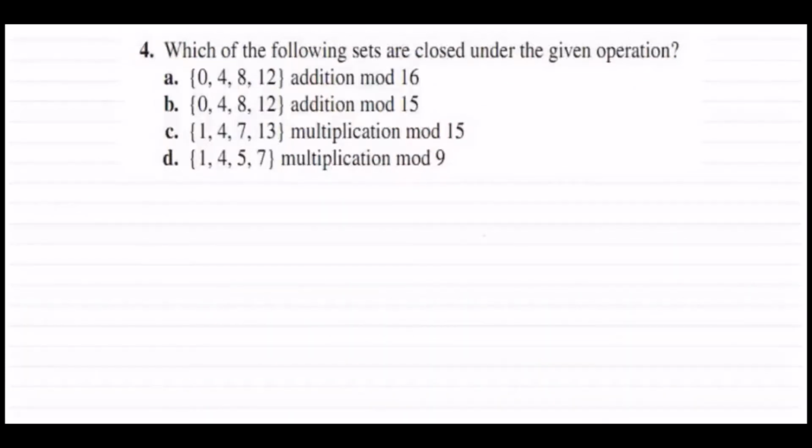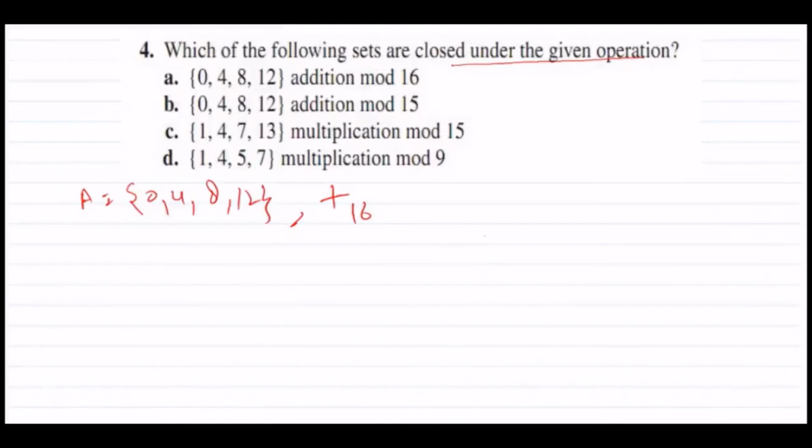So let us see the next problem. Which of the following sets are closed under the given operation? Addition modulo 16. The set is given A = {0, 4, 8, 12}. So we need to use addition modulo 16.